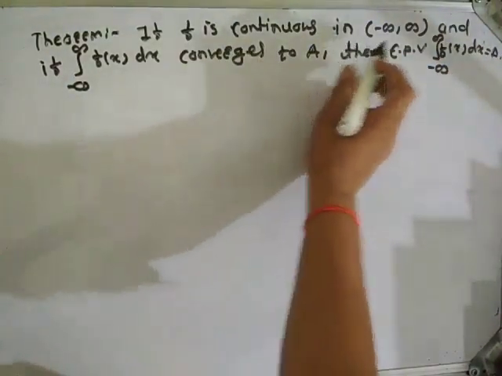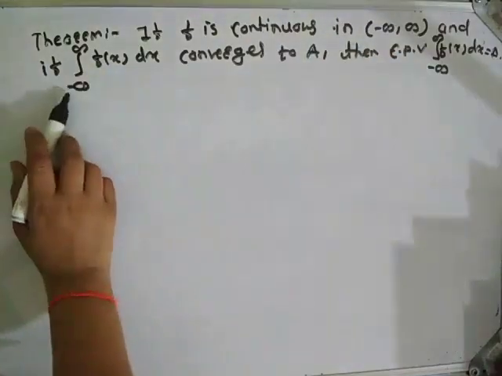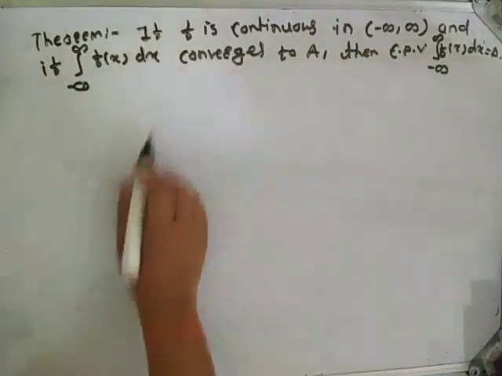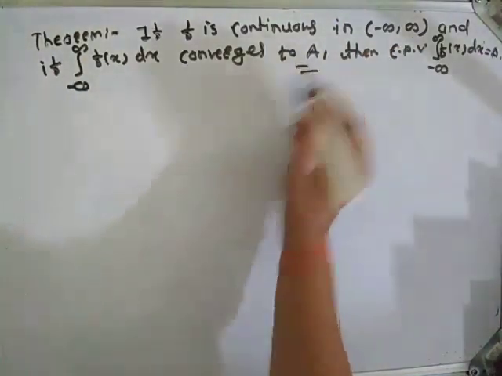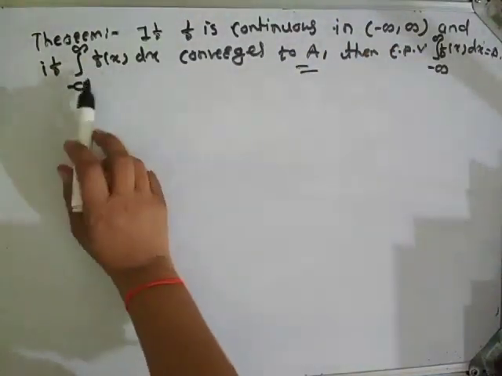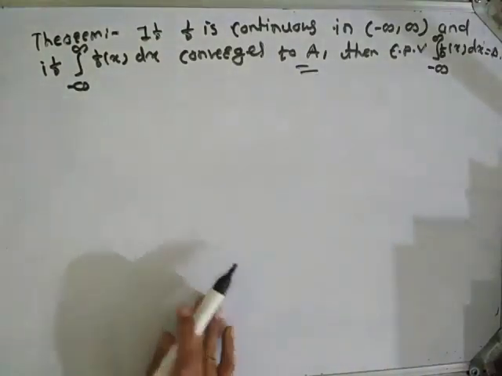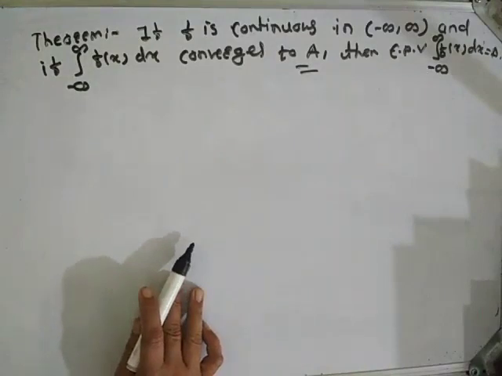If the integral converges to a, then the Cauchy principal value of that integral is also a. Okay.